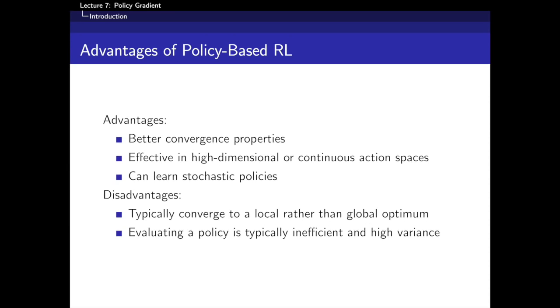But what if that maximization is itself prohibitively expensive? What if you've got a trillion actions or a continuous action space? What do you do? This is actually quite common. If you've got a robot, it operates in a continuous action space of torques and so forth. If you're trying to solve an internet-based problem where you're trying to create the perfect advert to show to your users, actually creating that advert might have many different components that you'd like to move around, and you'd like to make a sequence of adverts that maximize your income with that user.